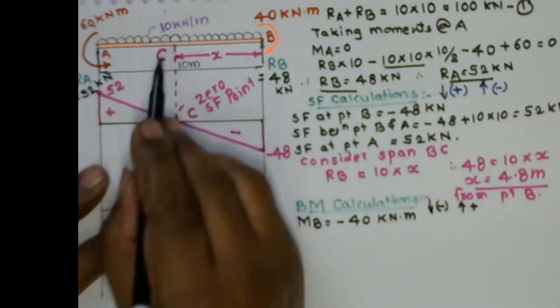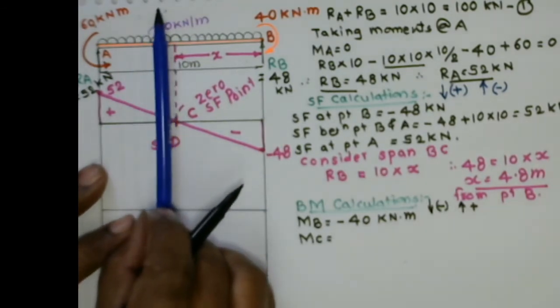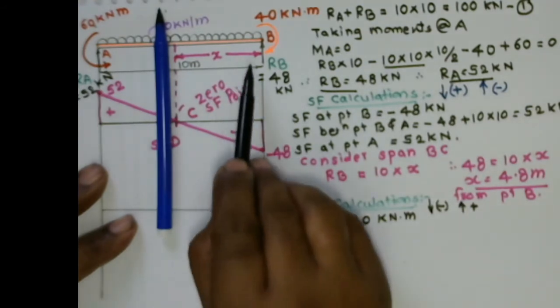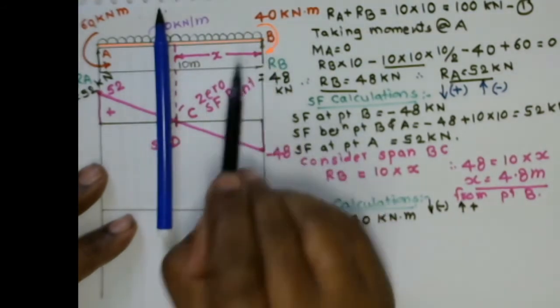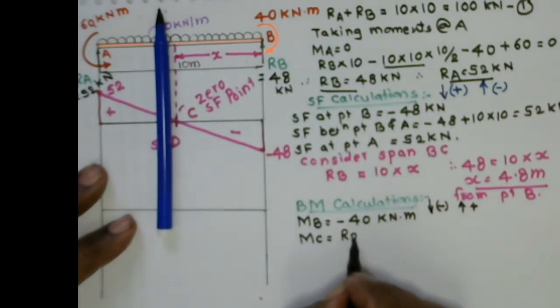Similarly, come to point C. For the bending moment at point C, we take a cross section at point C. At the right hand side, RB is acting vertically, a clockwise moment is also acting, and the UDL is acting. RB is acting anti-clockwise, so it is plus.